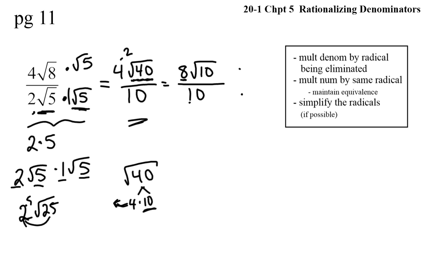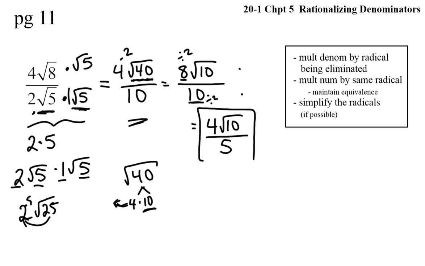We see that the 8 and 10 can both be reduced by 2. So if I reduce both terms by 2, I'm left with 4 root 10 over 5. And there's my simplified form. And what's most important about that is that I don't have anything in the denominator other than a rational value.